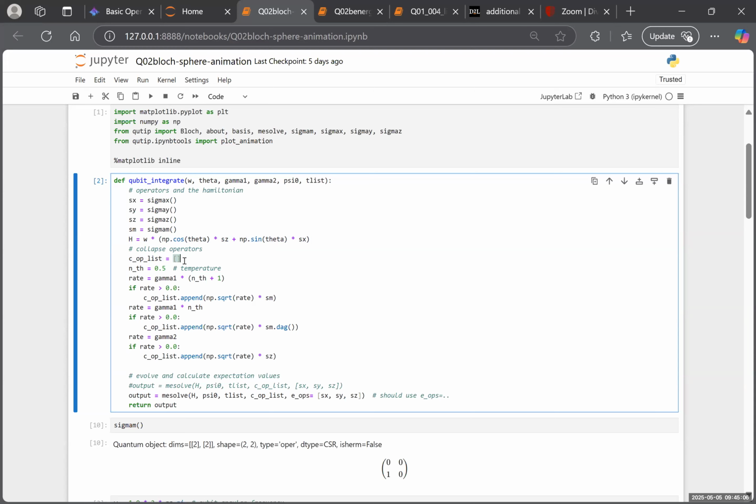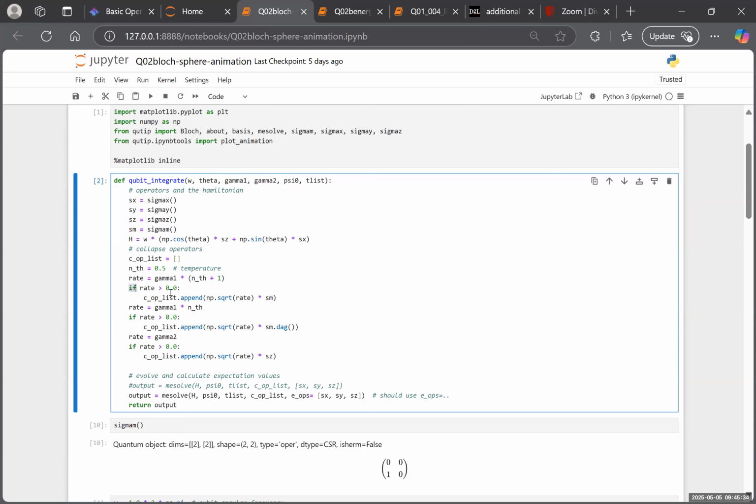So start with empty, assume some temperature. So at this temperature, there's an average number of photons, which is set to be 0.5. And the rate of the jump operator applied will be related to the number of photons times some strength, gamma 1. So gamma 1 is a strength.